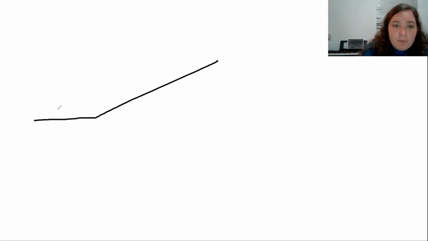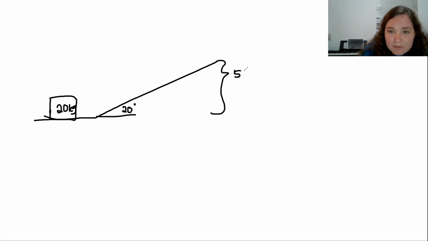So if I have a box that maybe has a mass of 20 kilograms and it's moving up a slope here, and I tell you that the slope is 20 degrees and the height it goes up the slope is 5 meters, and I then ask you to determine the work done by gravity, a lot of people do the wrong method.